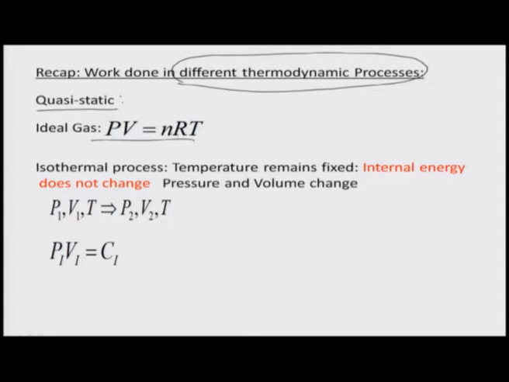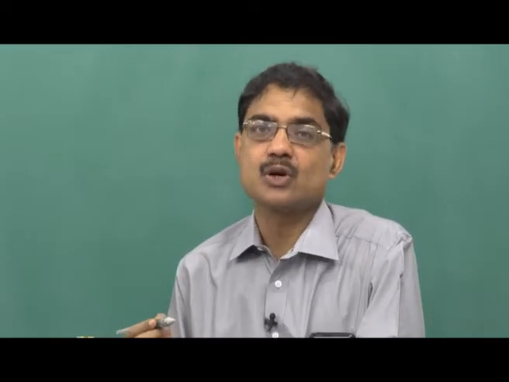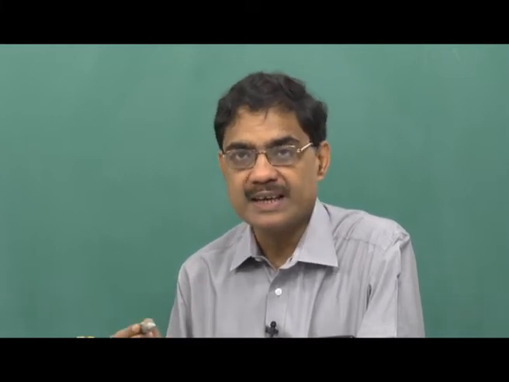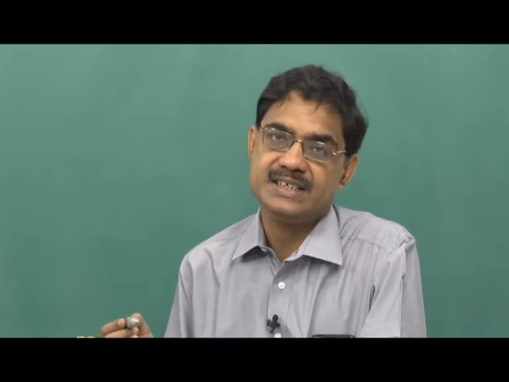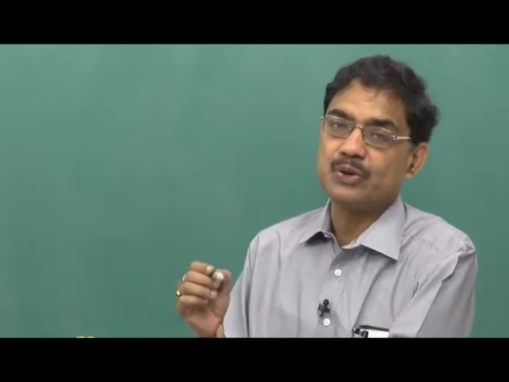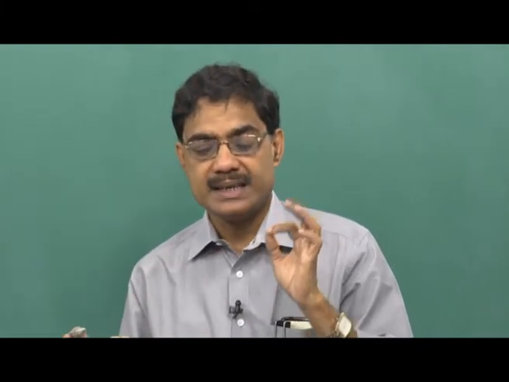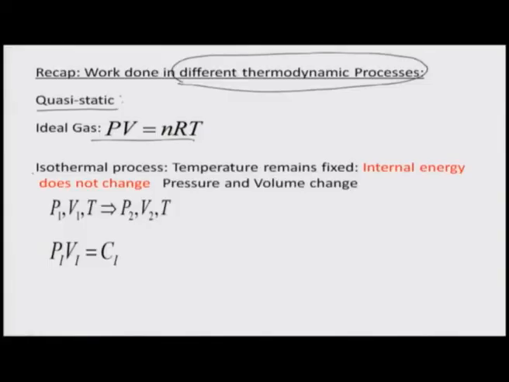I will consider different quasi-static thermodynamic processes with an ideal gas as the working substance, and we will use the first law of thermodynamics, namely the conservation of energy, to justify different situations: whether there is a change in internal energy, whether heat is absorbed or released. These are the things I am going to do in the coming 20-25 minutes before I do the adiabatic process at some length. The first process we are going to discuss is the very simple isothermal process.